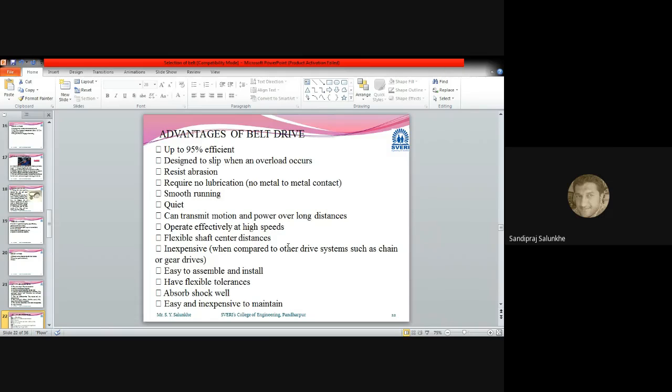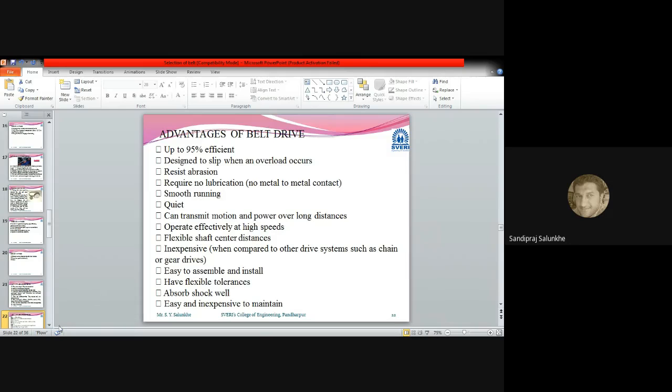Then they do not resist abrasion. That is, where an abrasive type of environment is there, they cannot resist it. Okay, this is one advantage. No lubrication is an advantage. Smooth running is an advantage again.